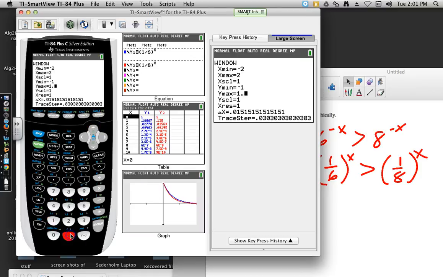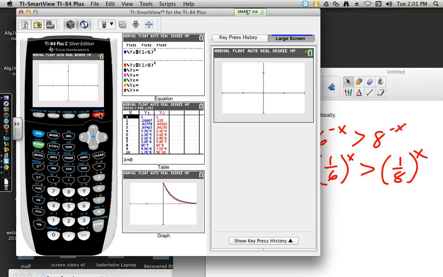I'll go 1.5. There's the blue. There's the red, and we can see that the blue is above the red once you pass the y-axis. And the y-axis is, of course, x equals 0.